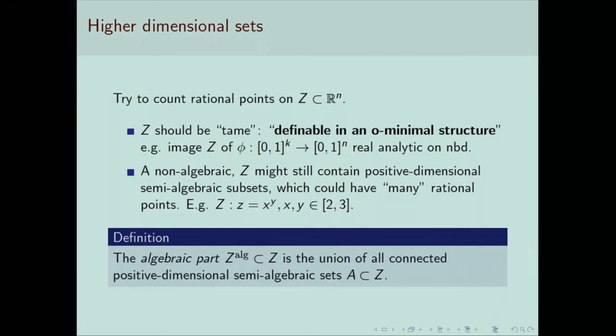And the other feature that we have to deal with when you have a higher dimensional set is that it might actually have positive dimensional algebraic subsets, even though the set itself is not algebraic. So the most obvious example of this is something like z equals x to the y. That's a non-algebraic set.